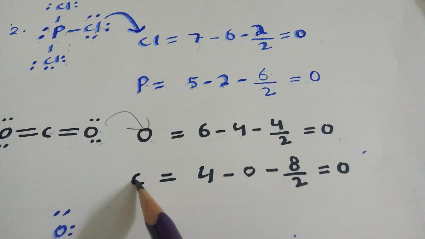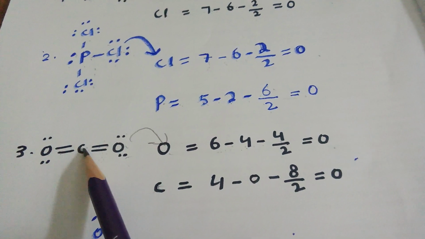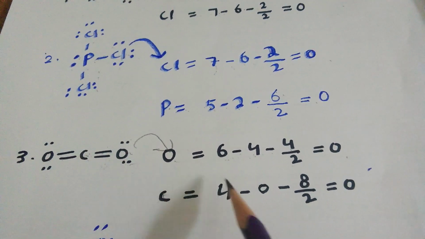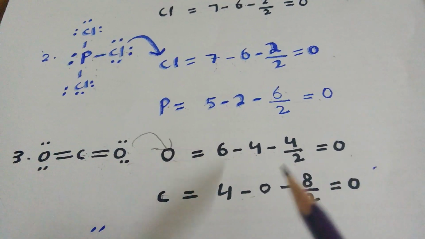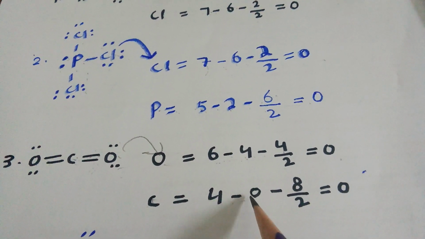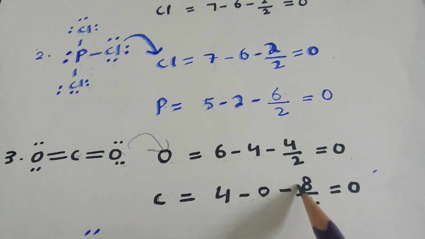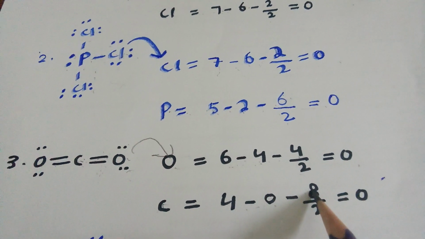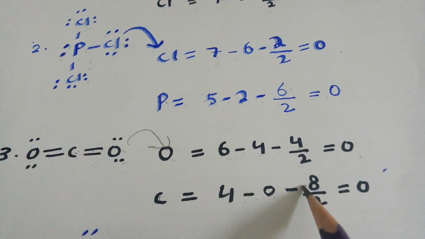Again we have this carbon. The valence shell of carbon contains 4 electrons, and there is no lone pair on this carbon. So this is 4 minus 0 and minus 8 divided by 2. Now see how we calculate the 8 electrons.